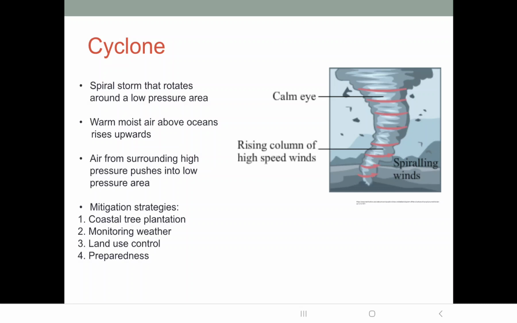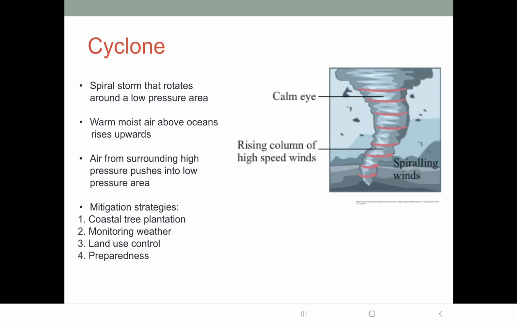Then mitigation strategies for cyclone. Coastal tree plantation, particularly the mangrove forest, they act as buffer zones against the cyclone. So they will act as a wind breaker against these storms, and the effect of cyclones can be reduced, isn't it? They will also try to slow down the speed of the cyclone.